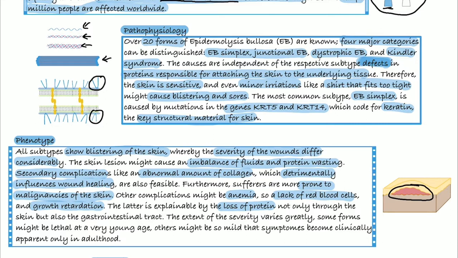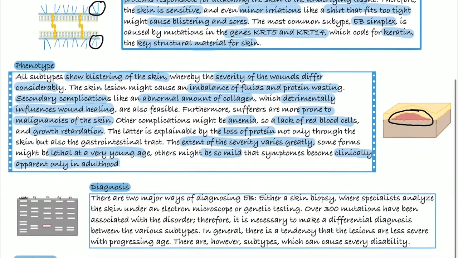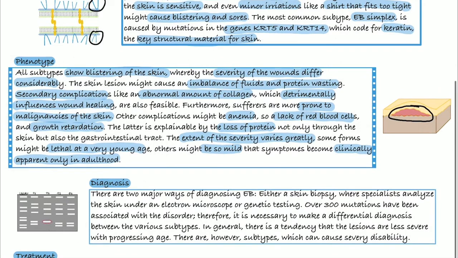And as I suggested before, the extent of the severity of the wounds varies greatly. So there are forms which are lethal at a very young age, and others might have symptoms that are so mild that they become clinically apparent only in adulthood. For diagnosis, there are 2 major ways. You can either do a skin biopsy, where a specialist takes a look at your skin under the microscope, or there's also genetic testing.